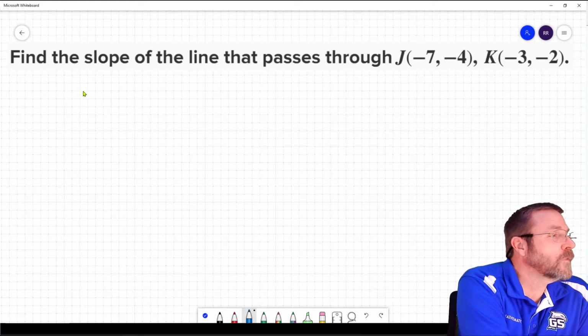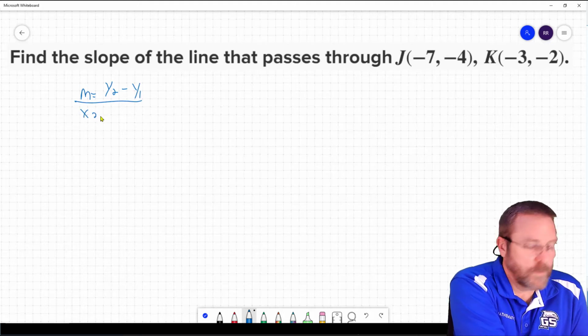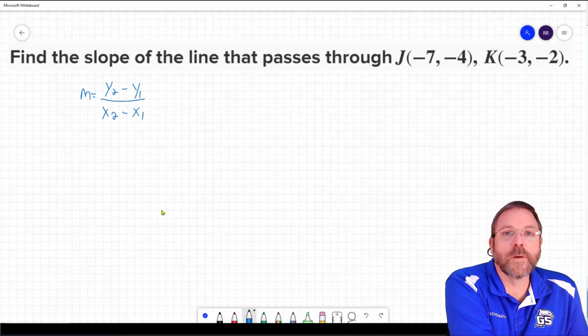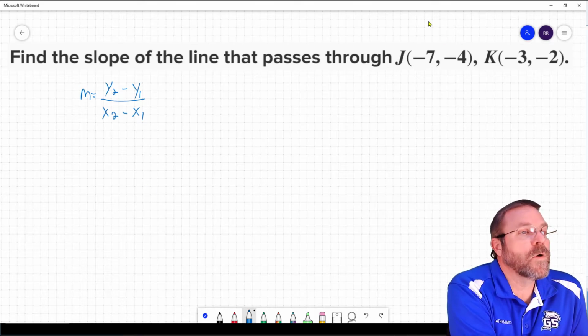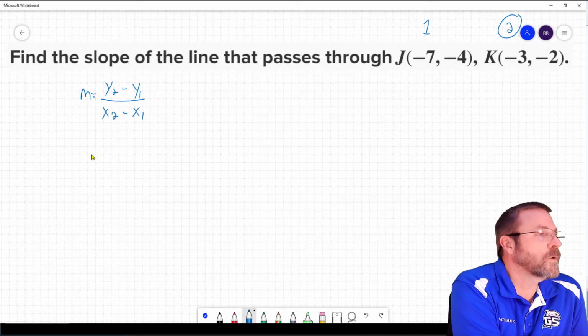So my formula is going to be slope is equal to y sub 2 minus y sub 1 divided by x sub 2 minus x sub 1. From there, I'm going to call this as being point 1 and this as being point 2.